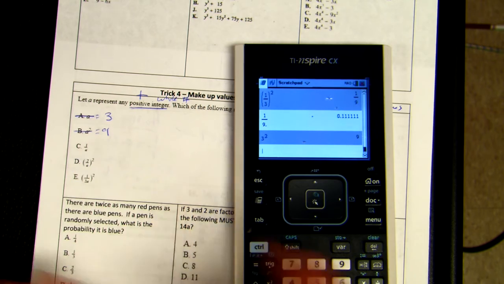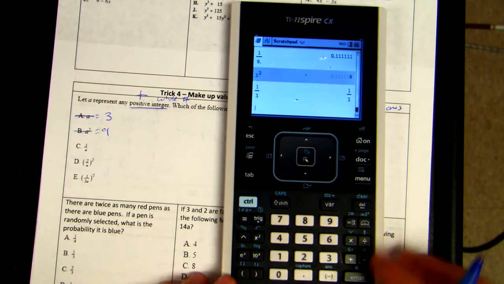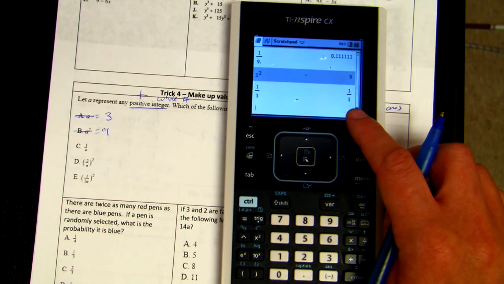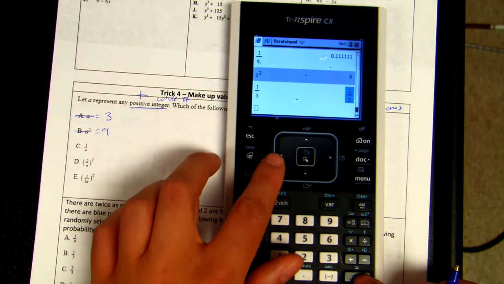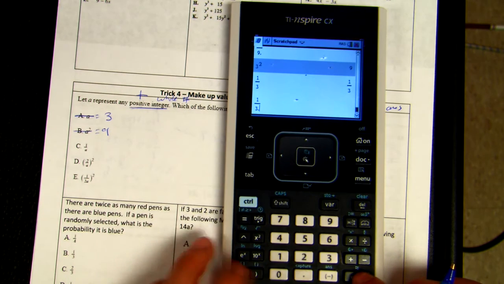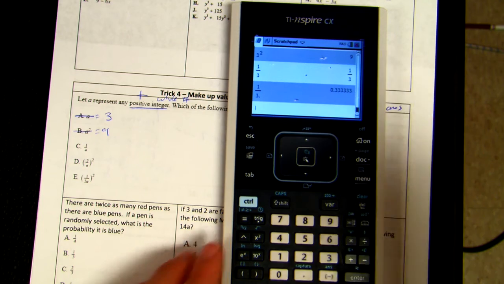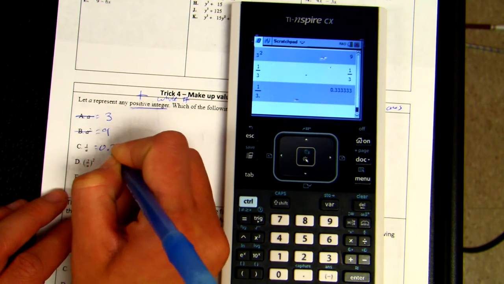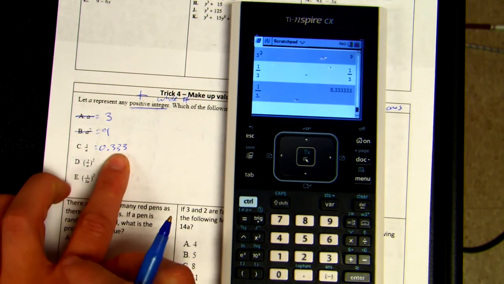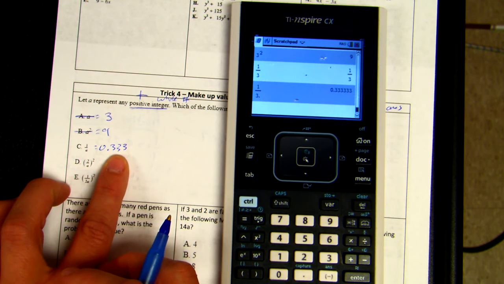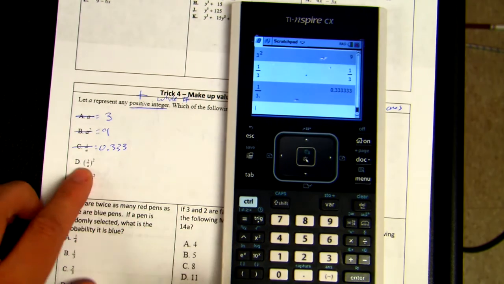This is 1 over A, so 1 over 3 gives me 1 over 3. Let's convert that to a decimal just so we can compare. 0.333 is larger than 0.111, so it can't be this one.